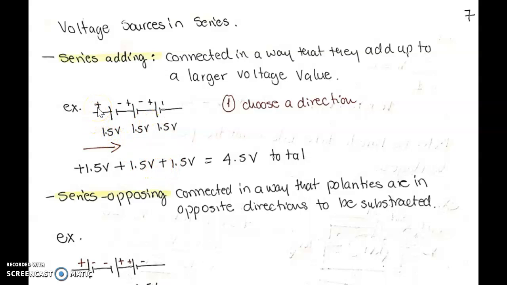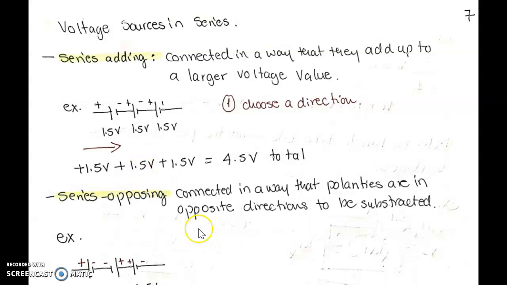And I'm going to write the sign in which I enter the battery. In this case, I'm coming from here. I put a positive because I'm entering through the positive. I go to the next one. I put a positive because I'm entering through the positive. And then here, a positive because I'm entering through the positive. So I get a total of 4.5 volts. So this configuration is considered a series adding configuration.